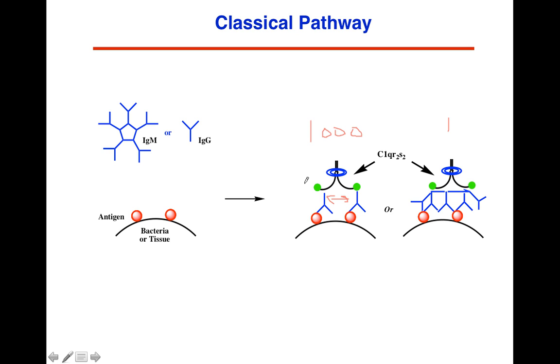So it's this whole complex that's important: the C1q, these two J-shaped structures, and then the R2S2. This comprises the whole complex that's needed to carry on the next reaction.